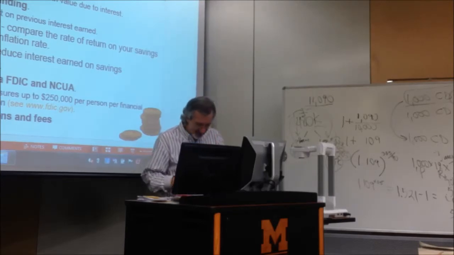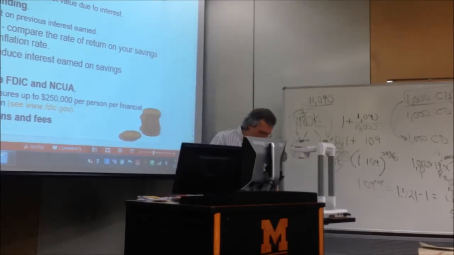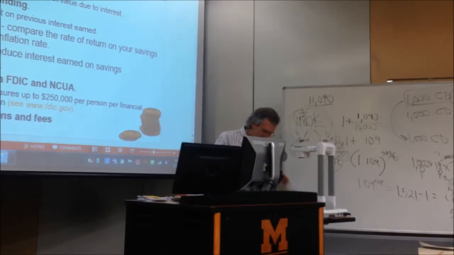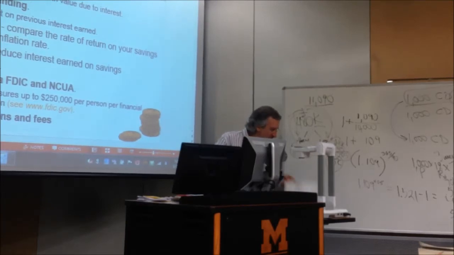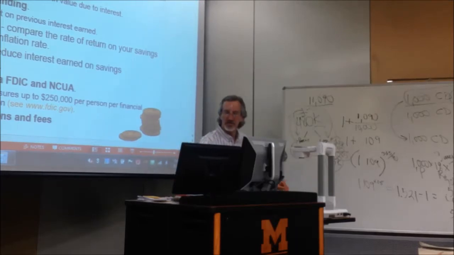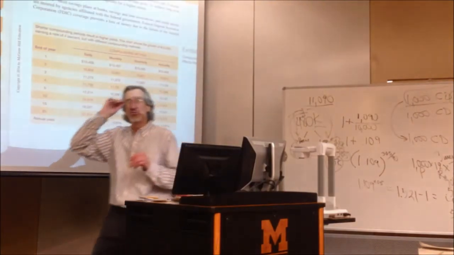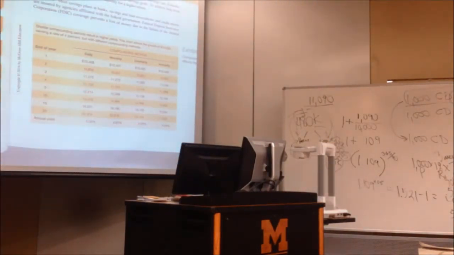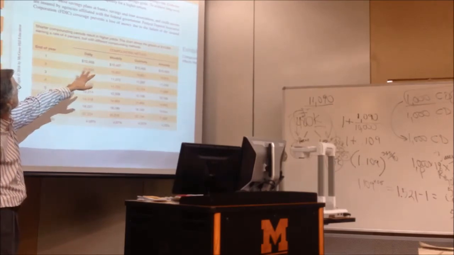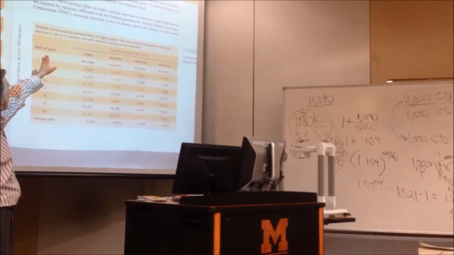I like the effects of compounding on this example on page 121. Bottom of the page. Or it's near 121 if you have an older edition. Here's an example where $10,000 has been invested at 4%.